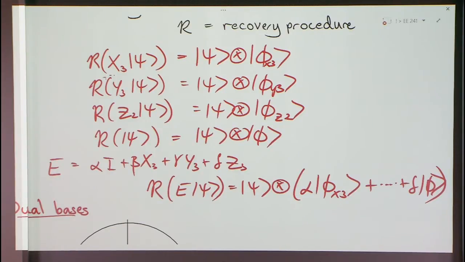And here I just wrote down 3 as an example. I see. But an E like this could be X3 plus Y3 plus delta times Z n j, whatever. And it would still work because R corrects each one of them individually. So R returns phi tensor garbage.